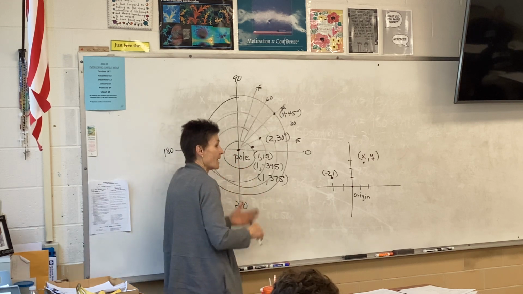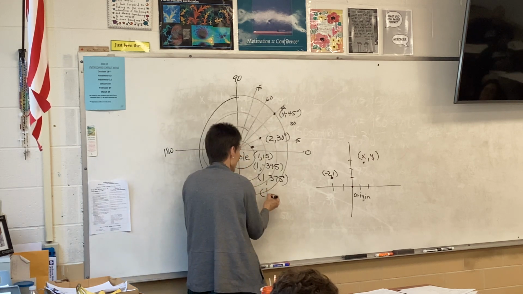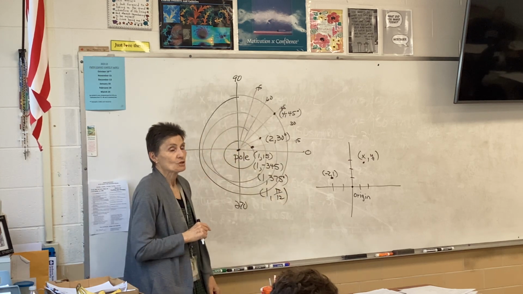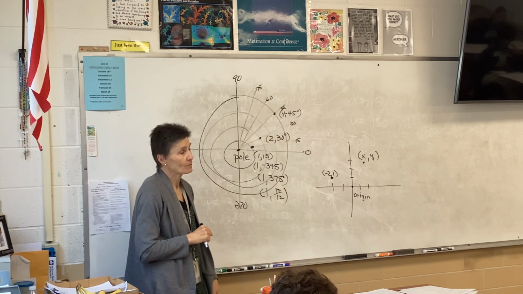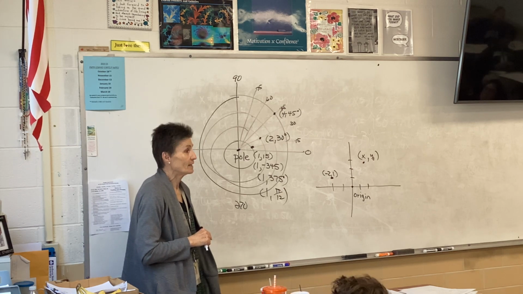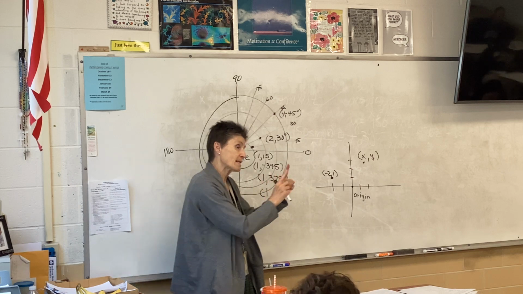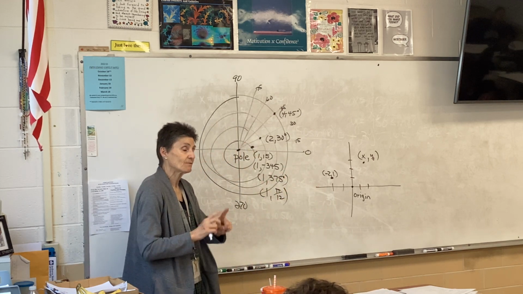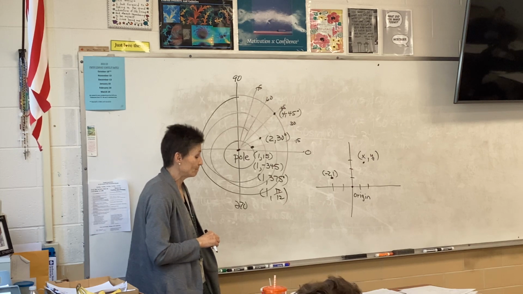Furthermore, nobody said it had to be degrees. We could do it in radians. So how many ways are there to identify points in the polar plane? Infinitely many. And in some ways that makes things easier, and in some ways it makes it harder. But there are infinitely many ways to do that.